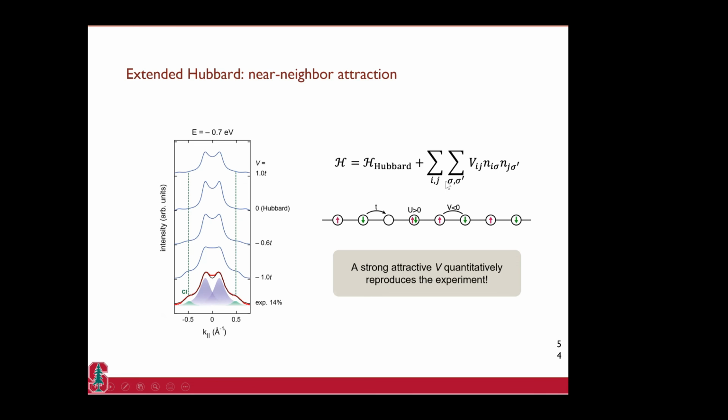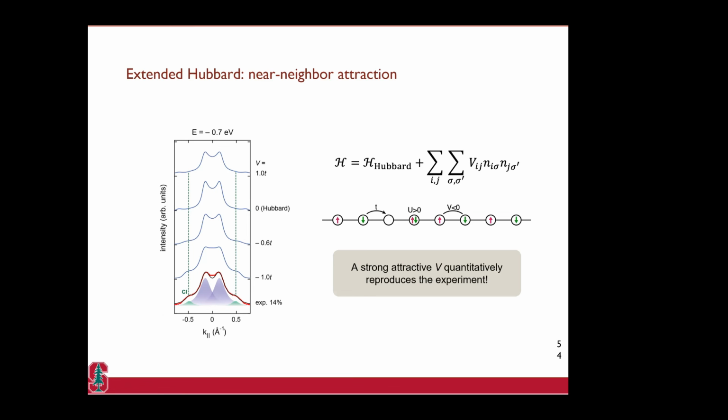In this case, of course, you can add a next-neighbor interaction, which is of density form, okay? Now, if you make that term positive, nothing really happens. However, if you make that term negative, then you can see that with a value of about negative t, these two seem to agree with the experiment, okay?